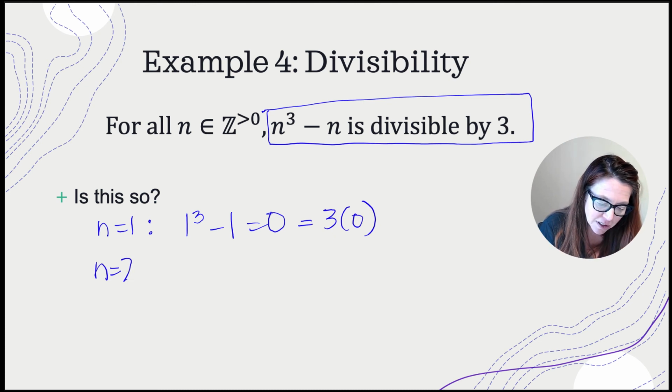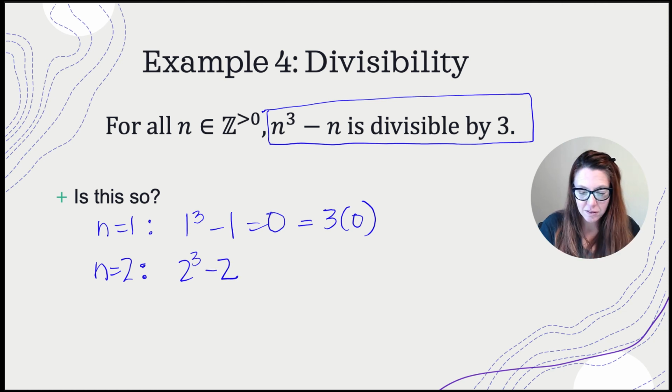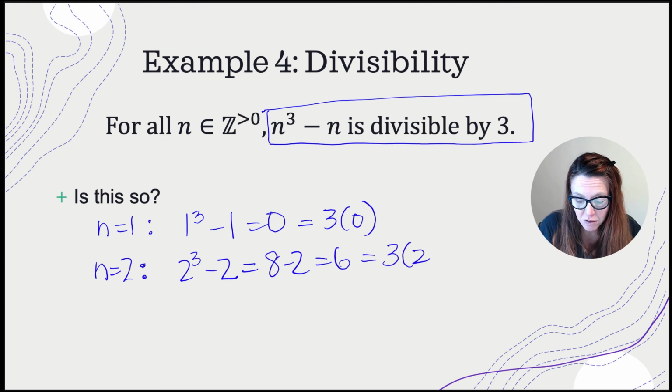N equals 2. This is 2 cubed minus 2. Our n cubed minus n is 2 cubed minus 2 in this case. But that's the same as 8 minus 2, which is 6. Or this is 3 times 2. So this is divisible by 3.